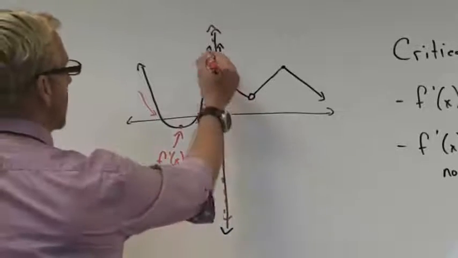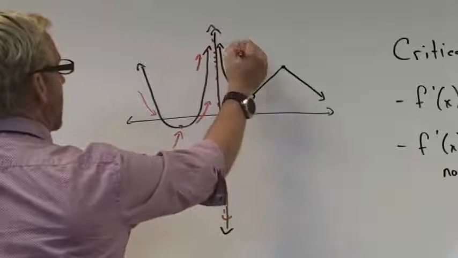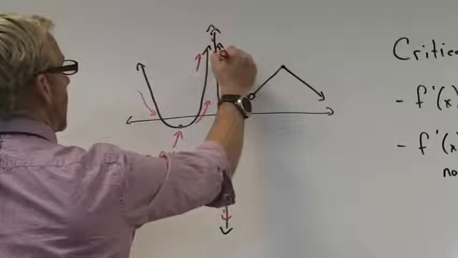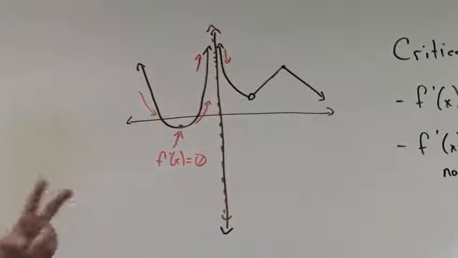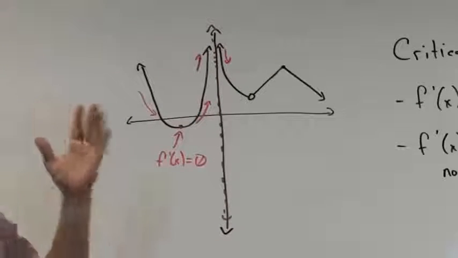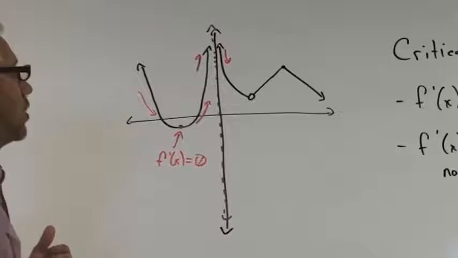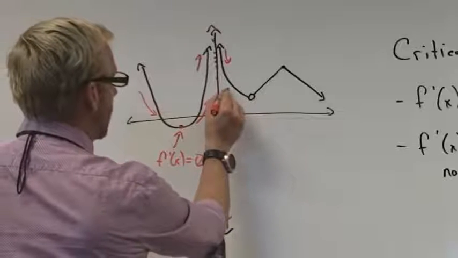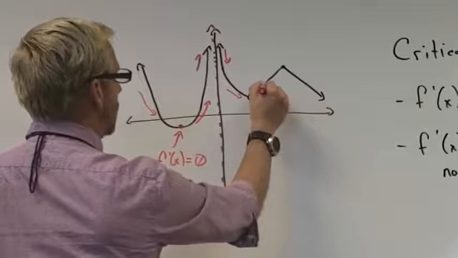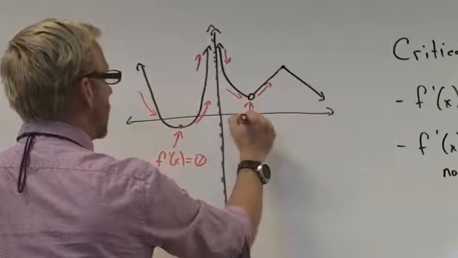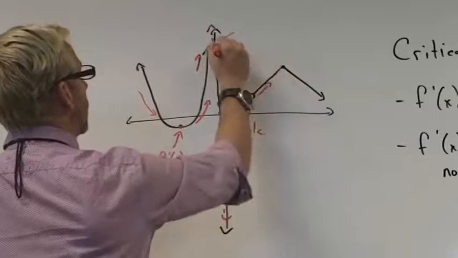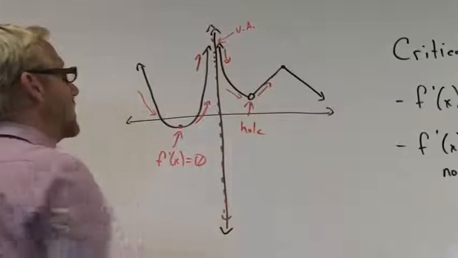But you'll also notice I'm going from having an increasing slope there to a decreasing slope there. So this is a second place we can change between increasing and decreasing slope. Here is a third one. We've got a decreasing slope and then an increasing slope. Here we have a hole. Here we have a vertical asymptote.